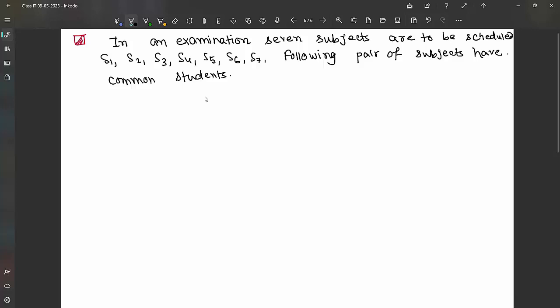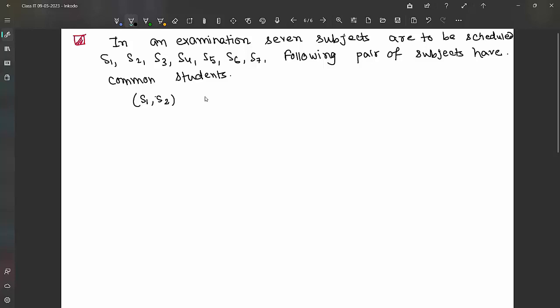Suppose this is S1, S2, following pair of subjects have the common student, यानी कि S1 और S2 सब्जेक्ट्स का कॉमन स्टूडेंट्स है, कुछ स्टूडेंट कॉमन है, यानी कि एक दिन में उसका एग्जाम तुम सेट नहीं कर सकते एक ही टाइम में.